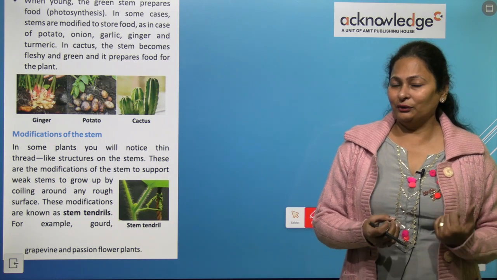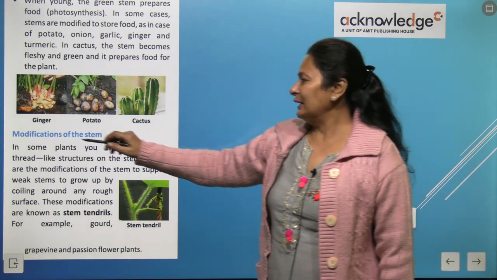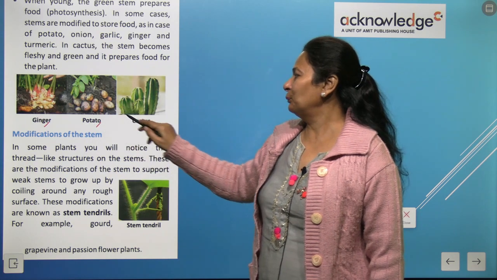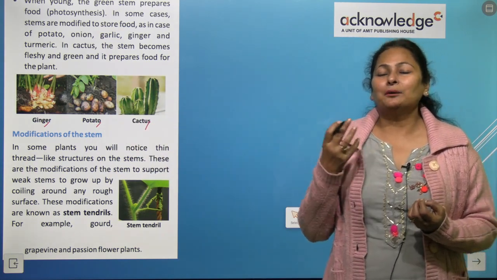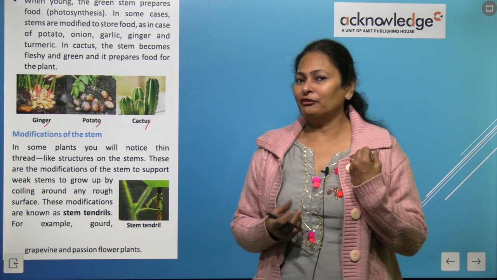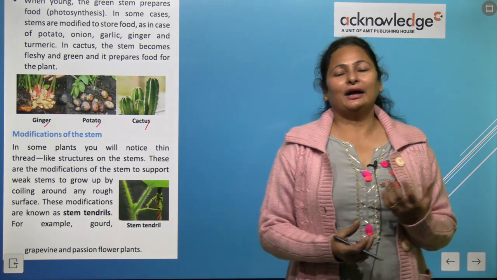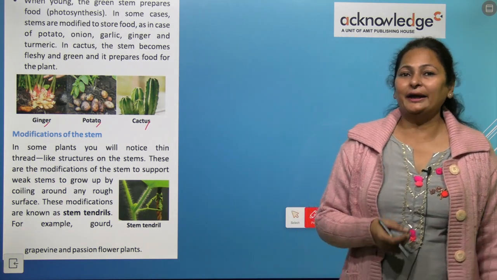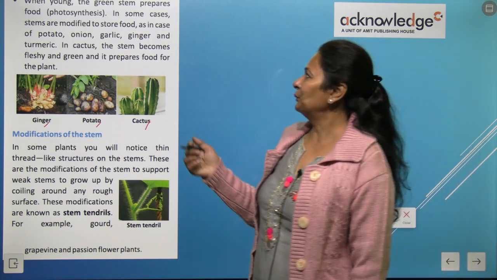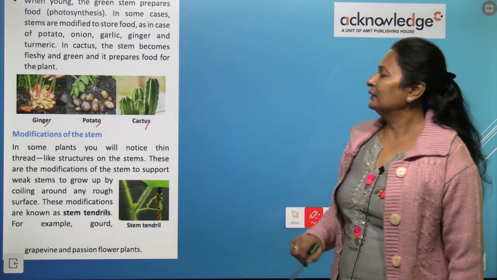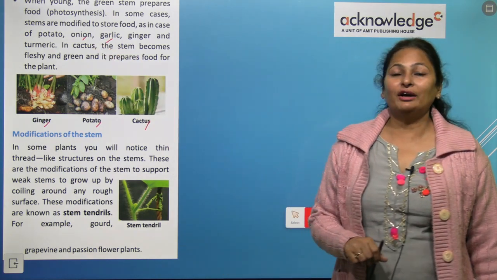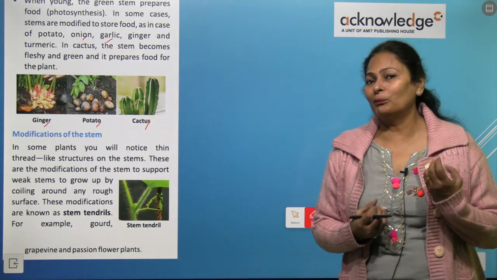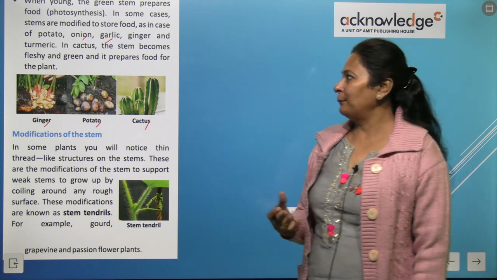Yes, we already know this. The examples are ginger, potatoes, cactus. So the stems are modified. We have learned about the modified root; similarly, we have modified stems also, right? Garlic and onion are some well-known examples of modified stem.